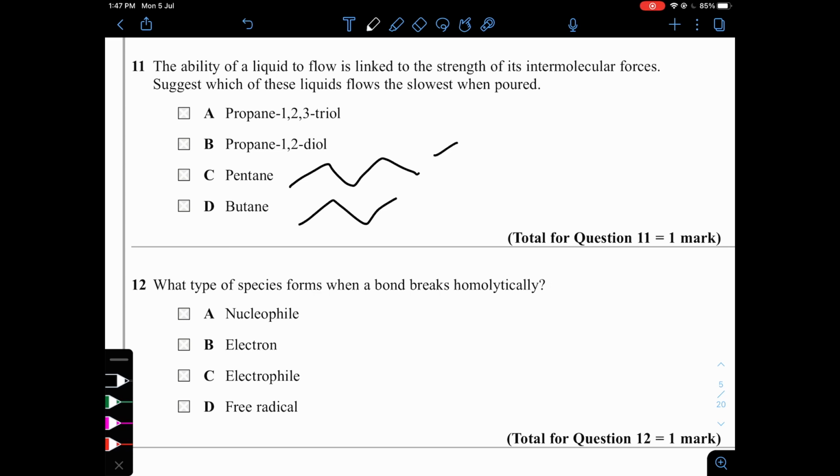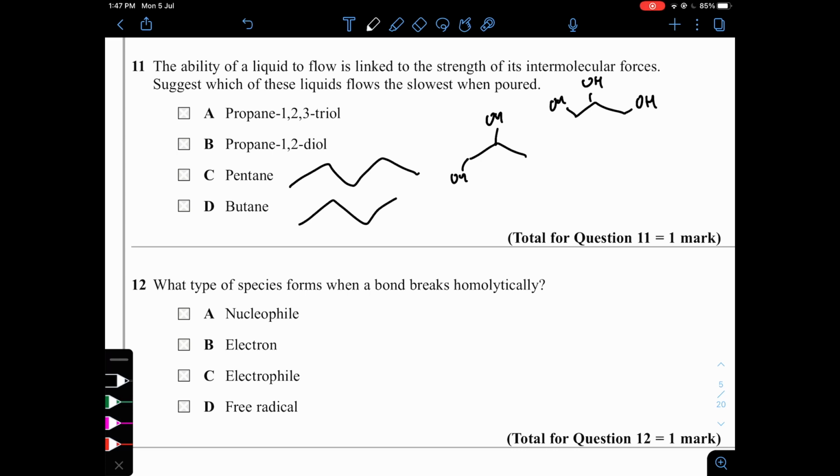Propane-1,2-diol: it has 1, 2, 3 carbons, with an OH here and an OH here. Propane-1,2,3-triol: 1, 2, 3, so this would be OH, OH, OH.